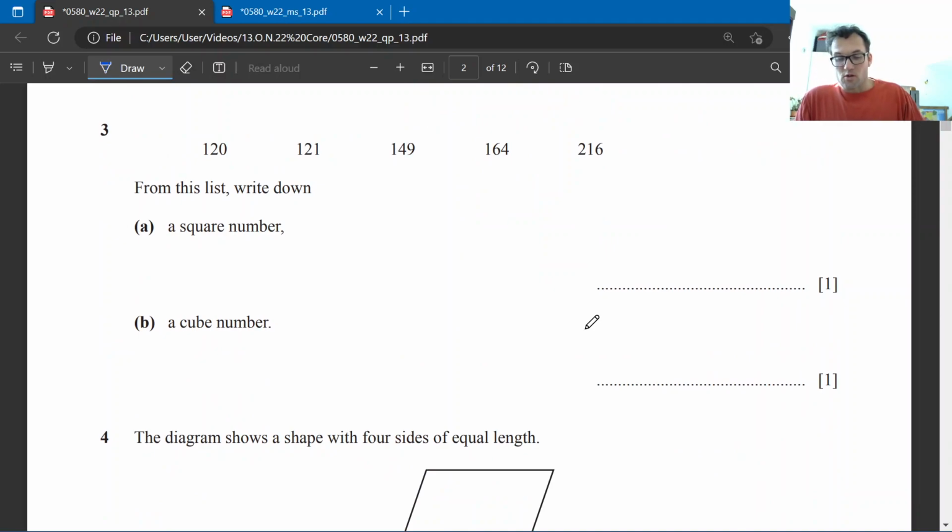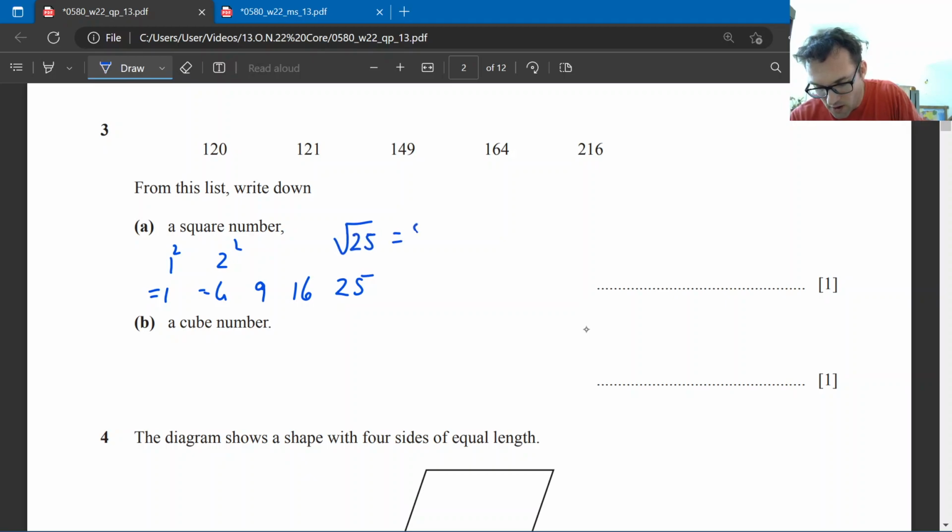Right, first of all, square numbers. Square numbers, of course, are like 1 squared, which is 1, 2 squared, which is 4, and it goes on like that. 3 squared is 9, 4 squared is 16, 25. If you don't know your square numbers, it's a little bit harder to find. Remember, the opposite of square numbers is square roots. For example, square root of 25 gives us 5.